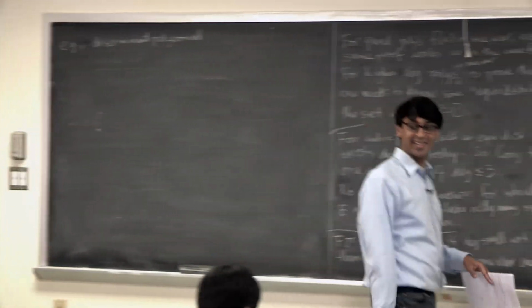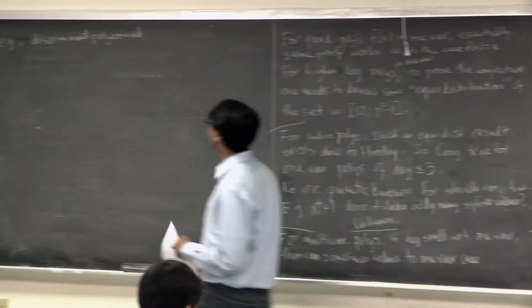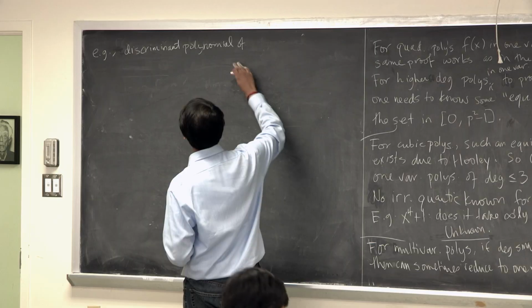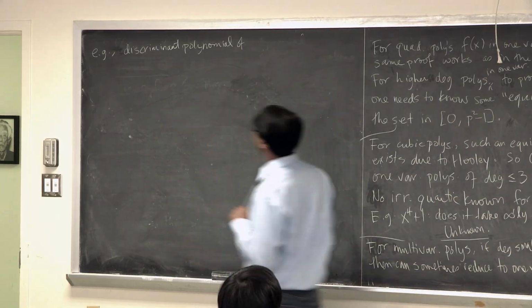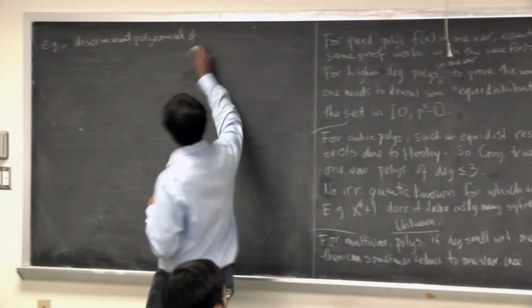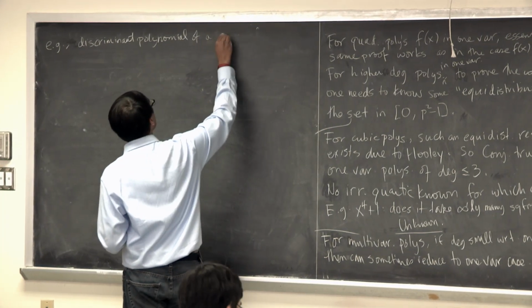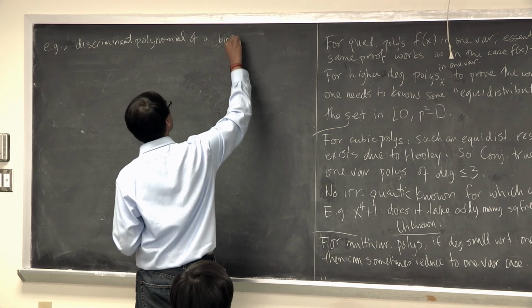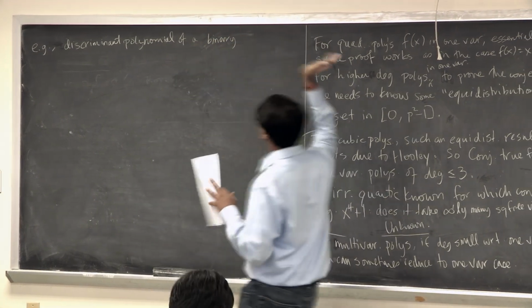Like b squared minus 4ac is a polynomial if you're talking about the discriminant of a quadratic. Let's just say a cubic polynomial so I can be explicit. The technique works for any degree polynomial. Or let's say binary cubic form, just so you can see the group action. But really, I'm just talking about the discriminant polynomial of a cubic polynomial.